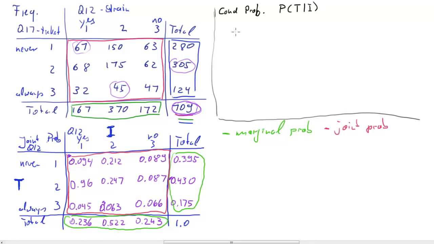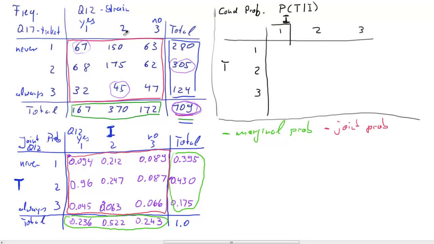So how do we do that? We'll just create a little table, and so what do we replicate? The structure of the table, I and t, I for Q12, t for question 17.